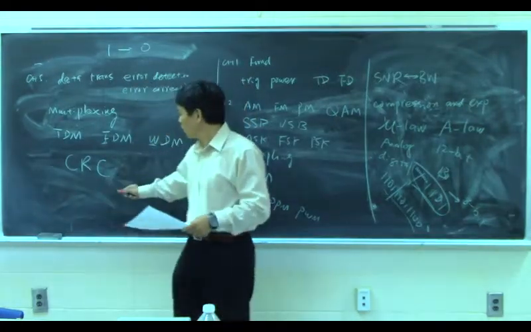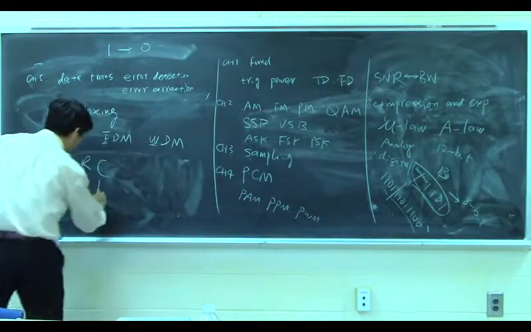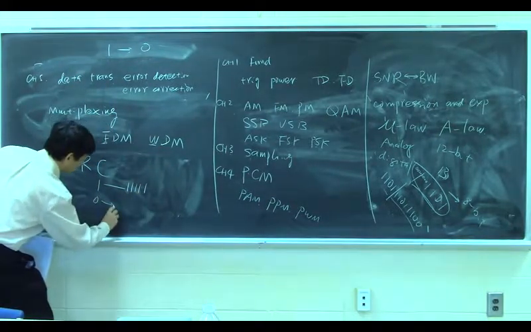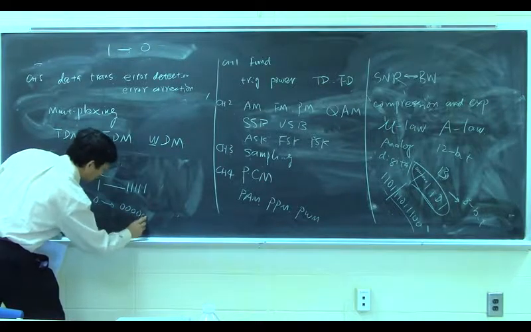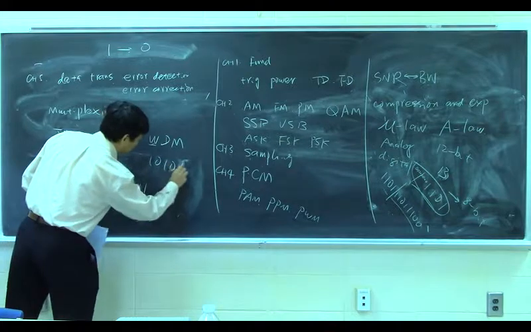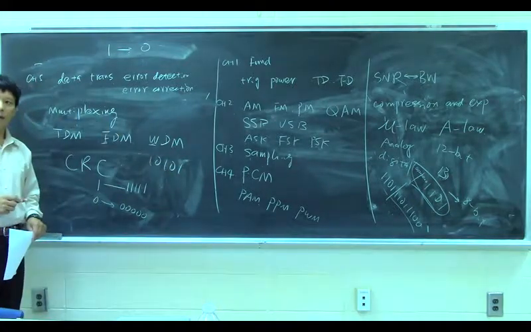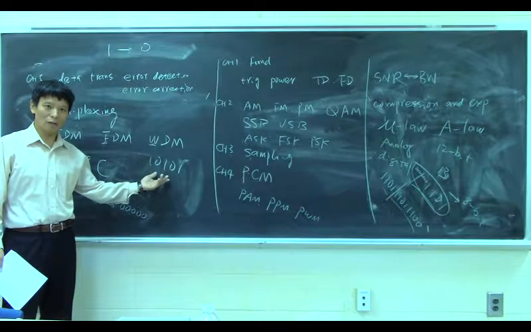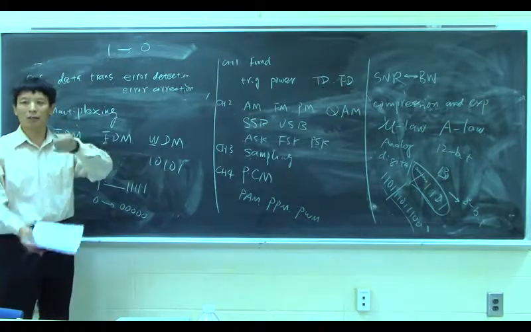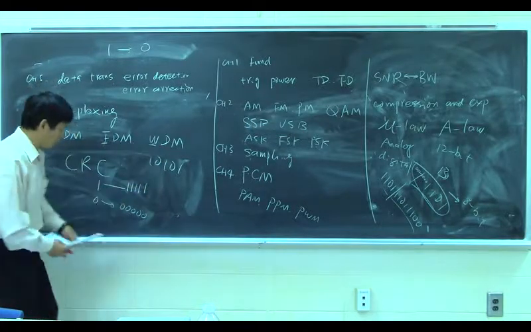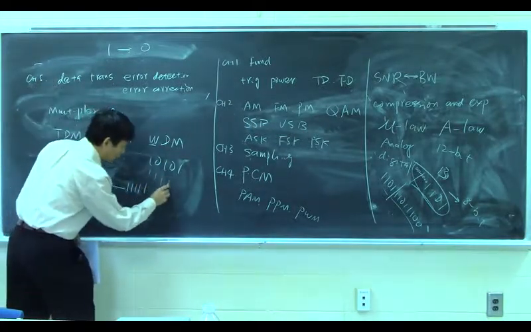Once we decide the code, for example, again, we take this one, we set this one 0, so 0, 0, 0, 0, 0, like this. If you received this, we can automatically correct it with limited capability. But how? With our eyes, we know this one looks like 1, 1, 1, 1, 1.